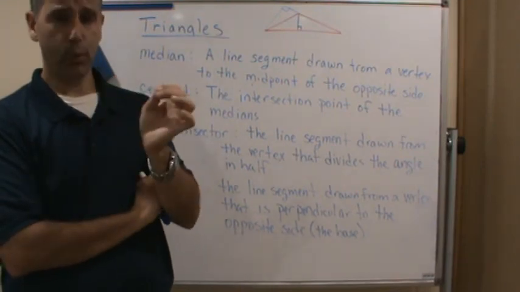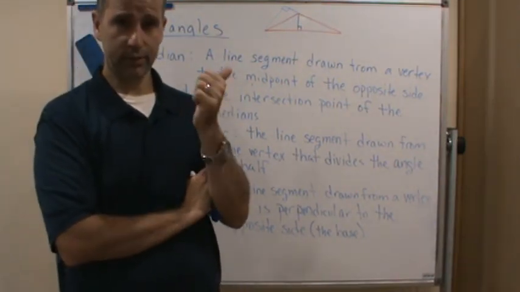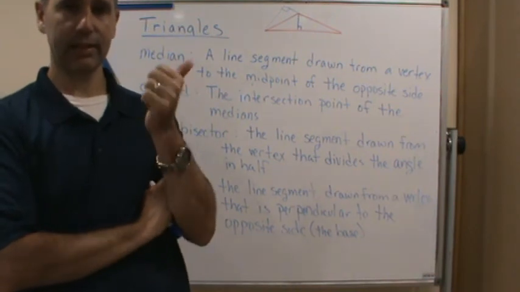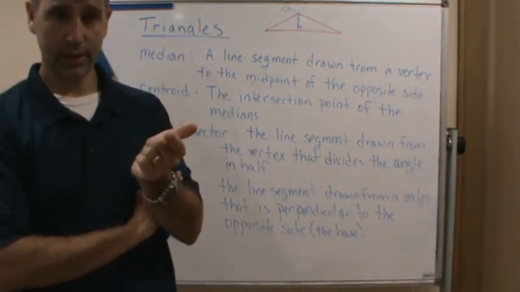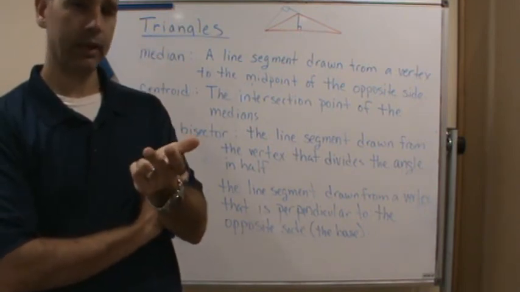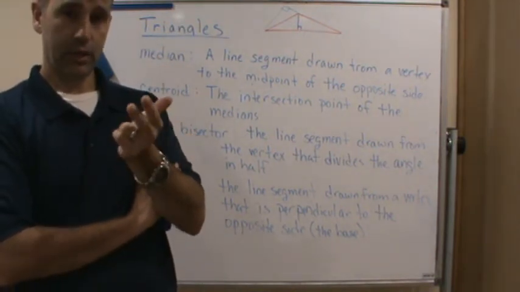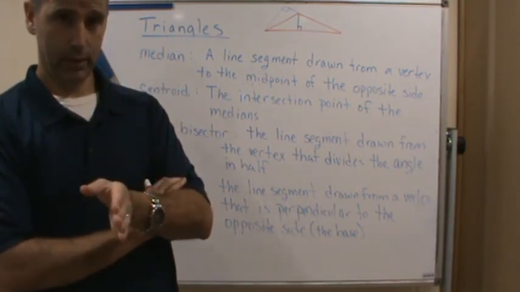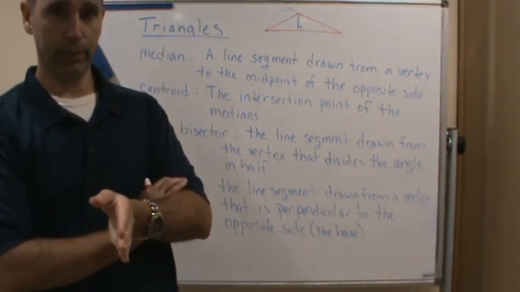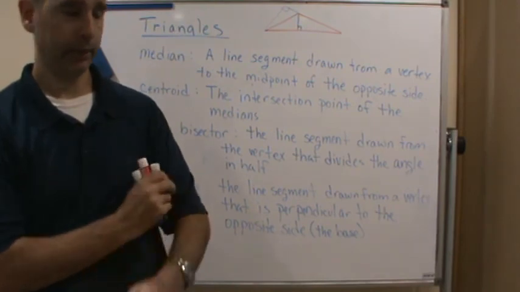Now, these three points, the centroid where the medians intersect, the point where the angle bisectors intersect, and the point where the altitudes intersect, are not necessarily the same point. So don't assume that they're the same point, because usually they're not.